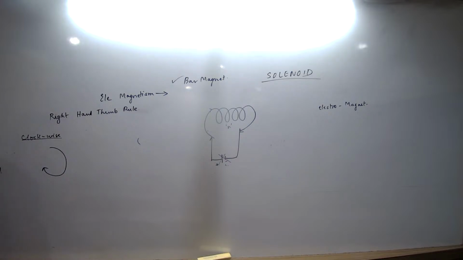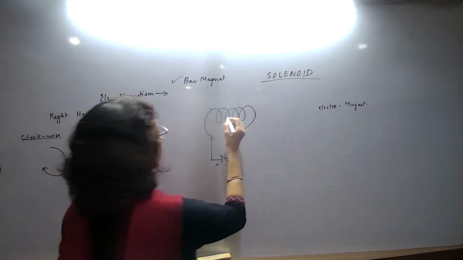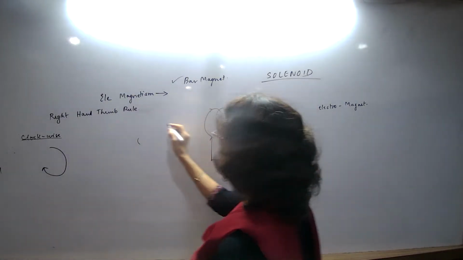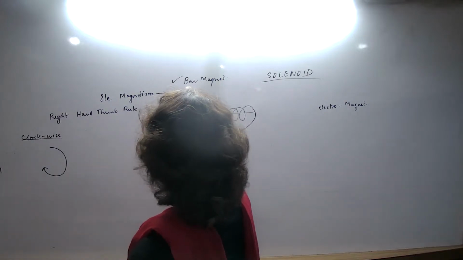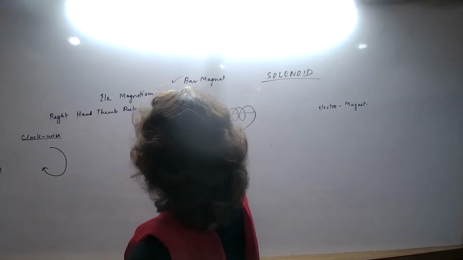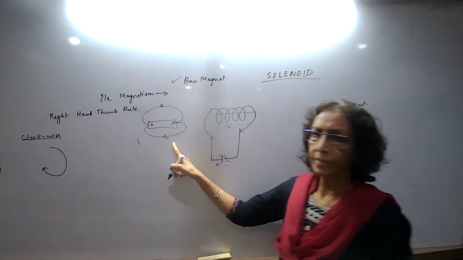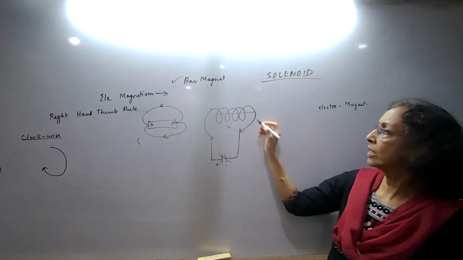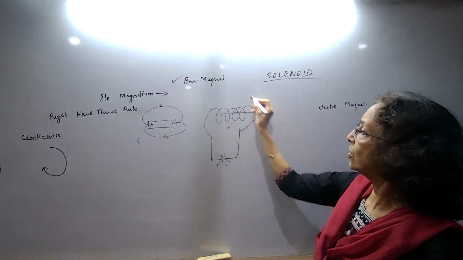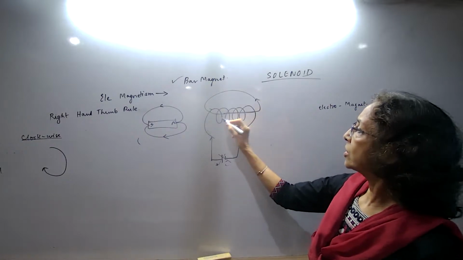Now this is where you have to notice it very carefully, that these magnetic lines of force, just as we are talking about a bar magnet, go from the north to the south in this direction. Okay, so the same way here you have got these magnetic lines of force in this direction.